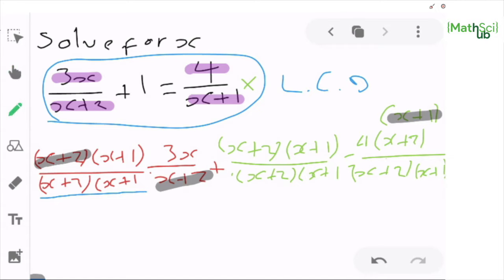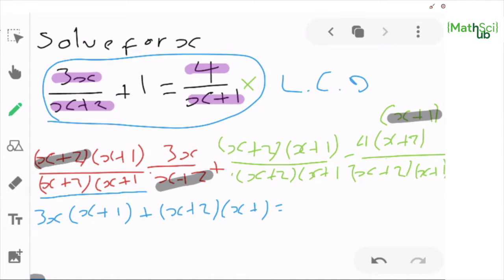Now after dropping the denominator, you are left with 3x into x plus 1 plus x plus 2 into x plus 1 equal sign.